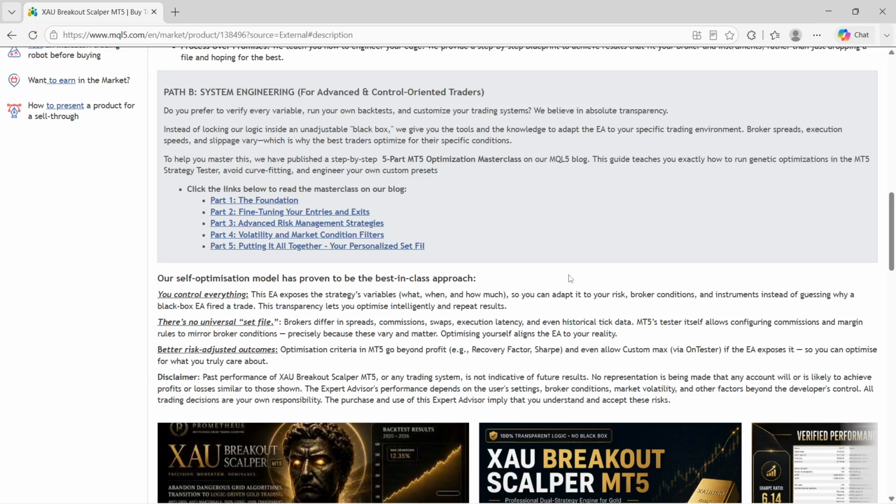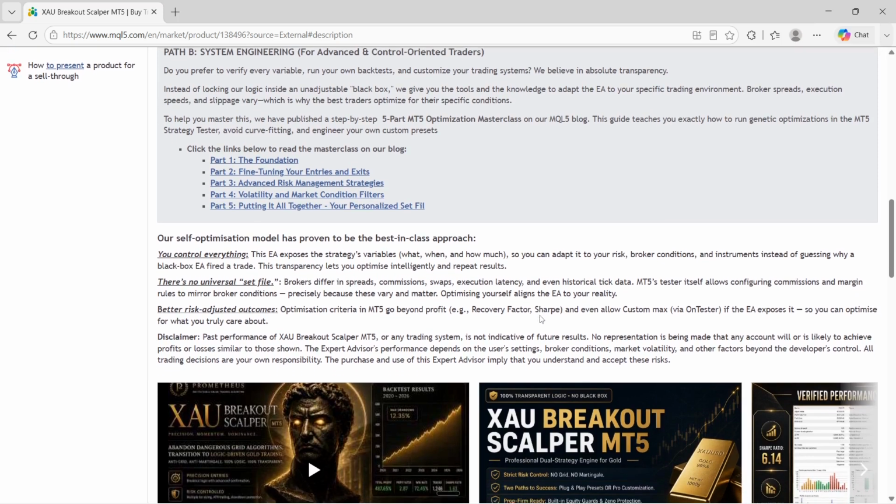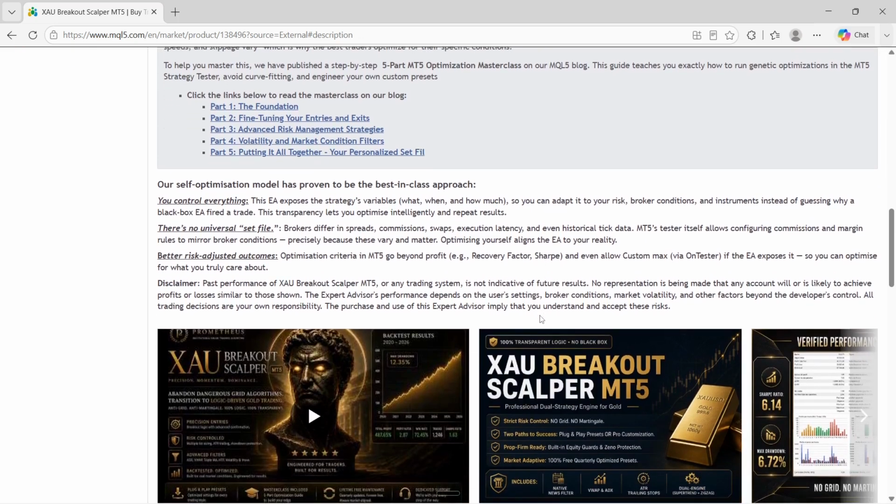It is designed primarily for gold but can be adapted to other volatile instruments. The developer stresses process over promises and provides tools for traders to optimize for their specific broker conditions rather than relying on a locked black box approach.